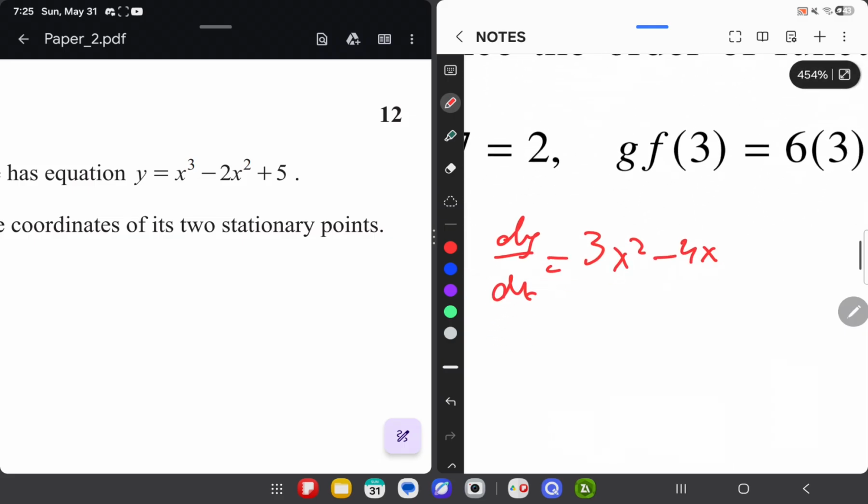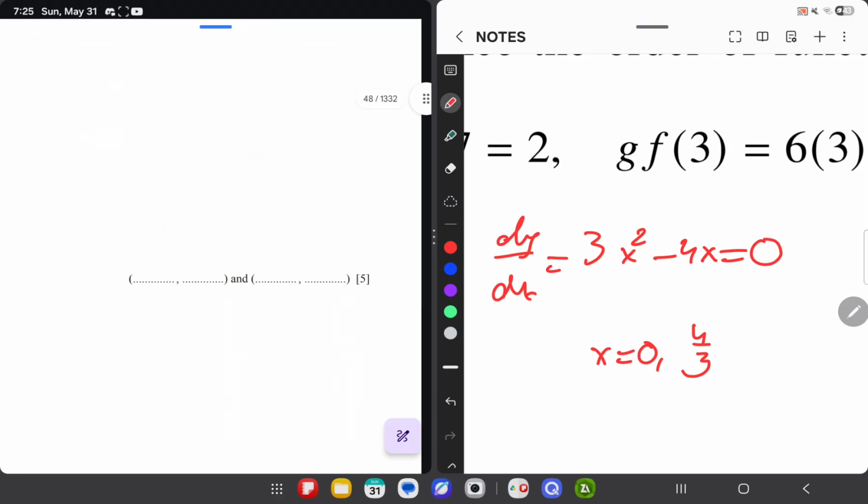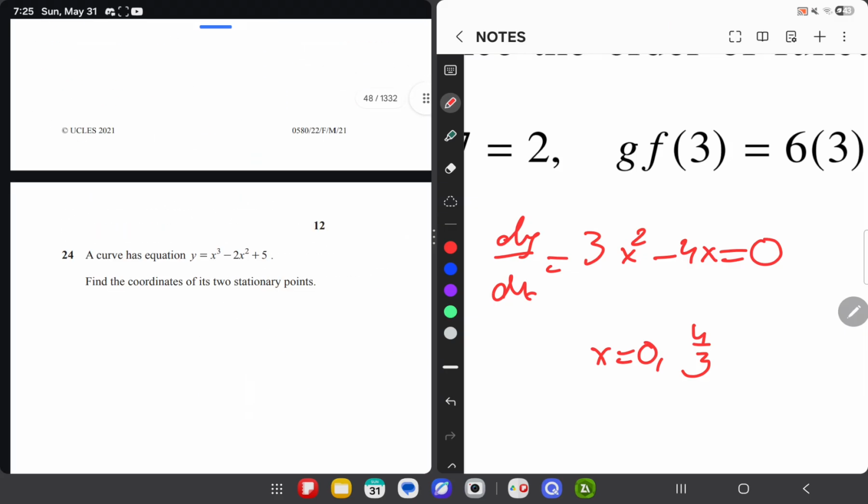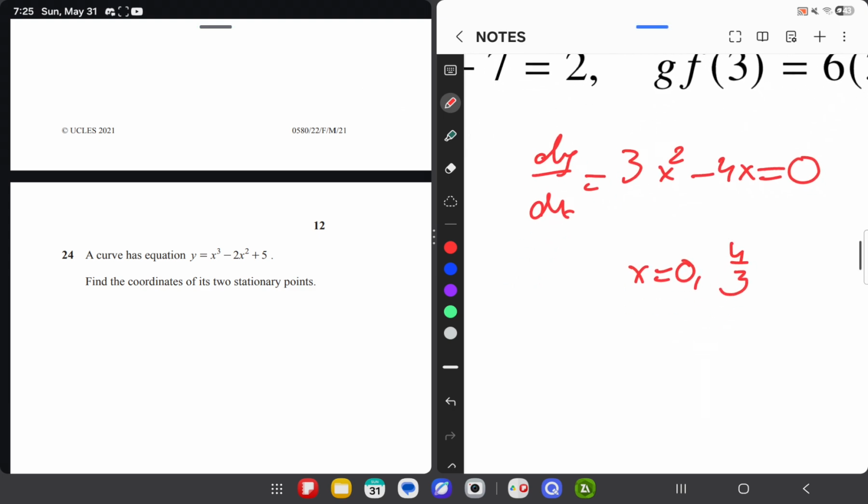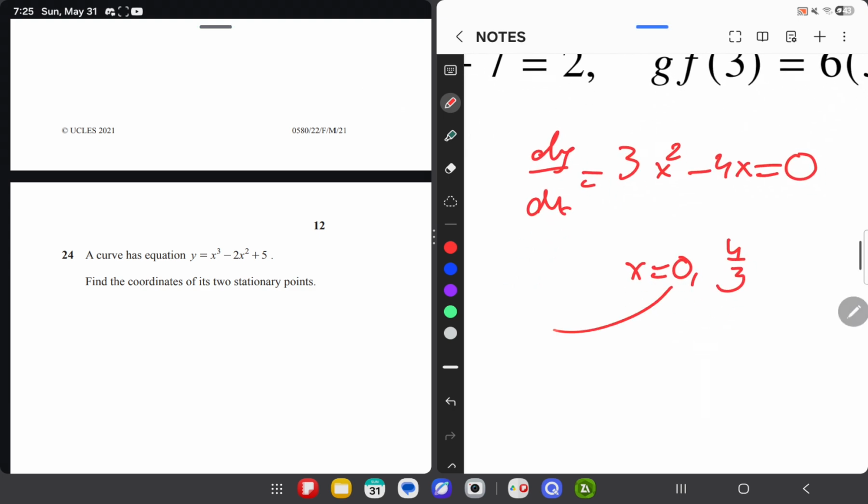Now, we need to find the two stationary points, meaning we set it equal to 0. Here we see x is equal to 0 and x is equal to 4 over 3 are the solutions. Now, it says to find the coordinates and it's 5 marks, meaning we need to plug this back into the equation.